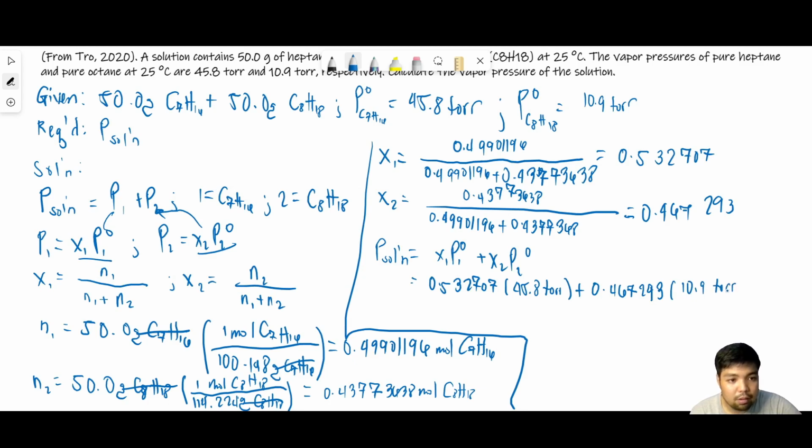Solving this in your calculator, you can input this in just one line, and it will give you the answer, which, rounded off to 4 significant figures, is 29.49 Torr. So this is the vapor pressure of the solution.